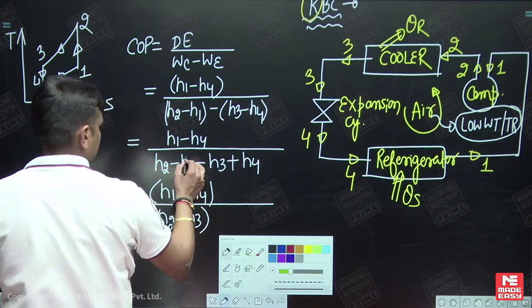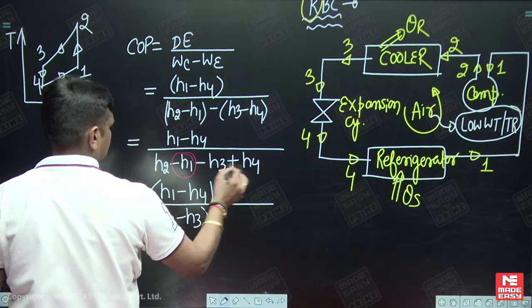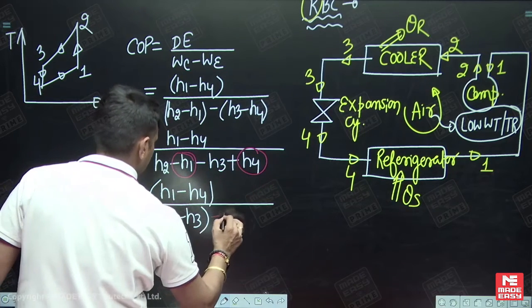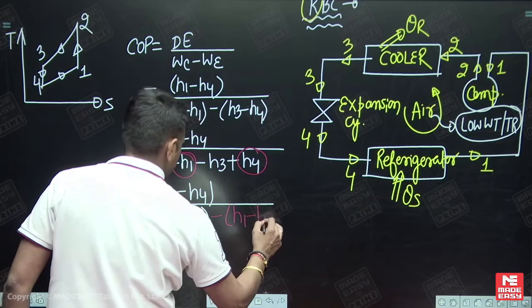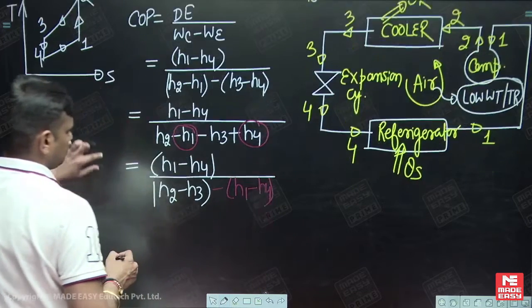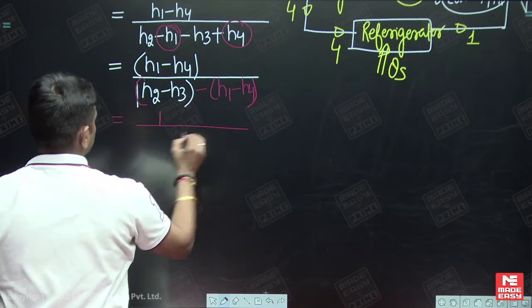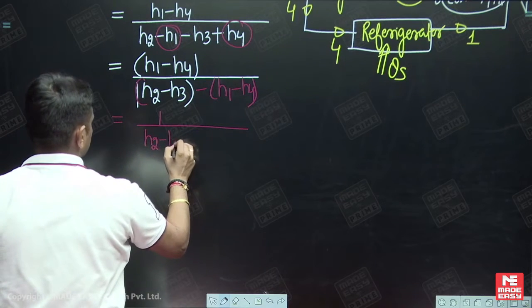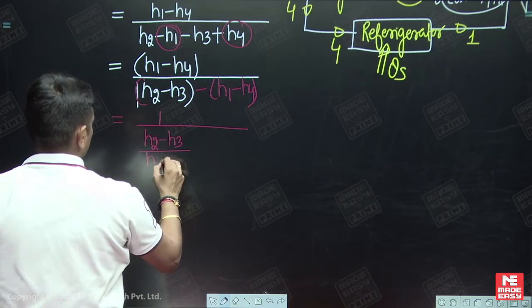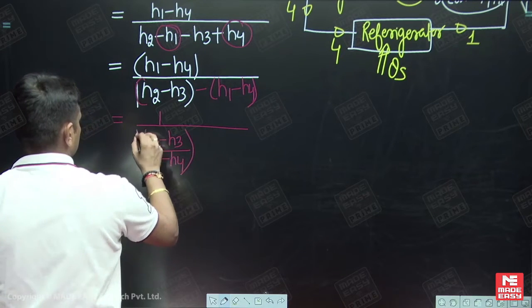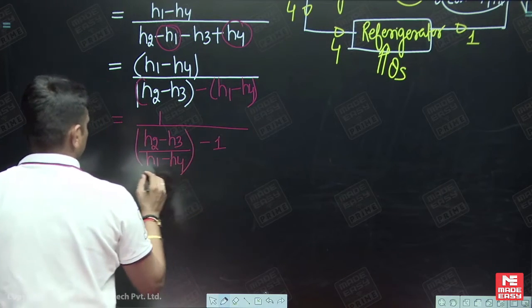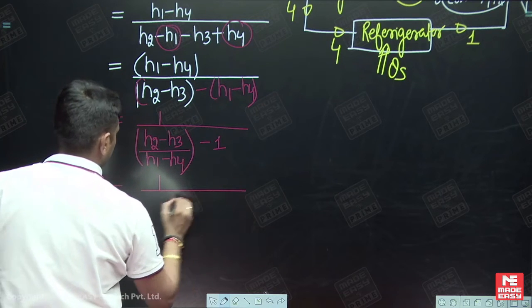So I am separating the terms, okay. Which terms? This H1 and this H4. Take minus as a common, and this is H1 minus H4, okay. So now after this we can see that this is coming out as H2 minus H3 upon H1 minus H4 minus 1. Enthalpy is a function of temperature.